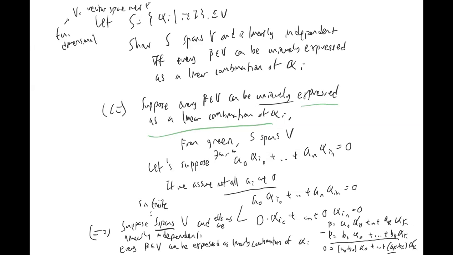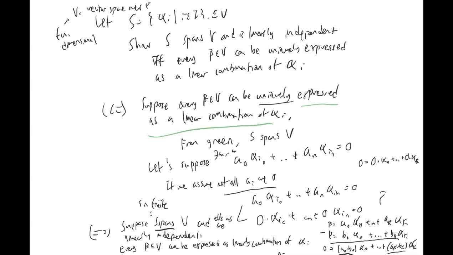Does everyone see that? But then again, 0 is just 0 times alpha 0 all the way to 0 times alpha k. So does everyone see the contradiction?